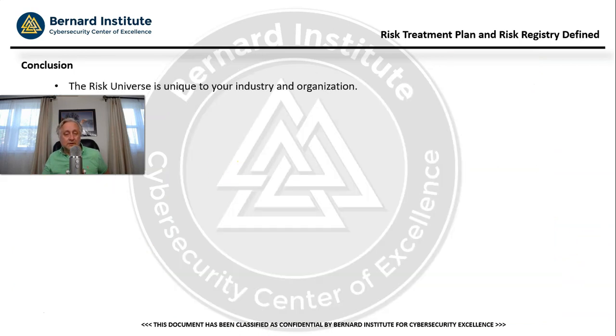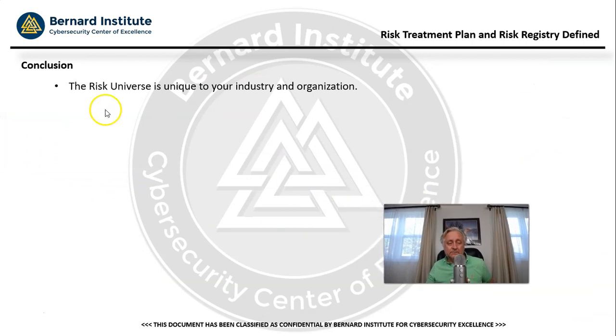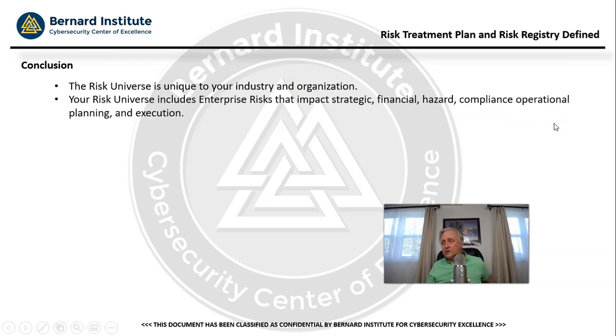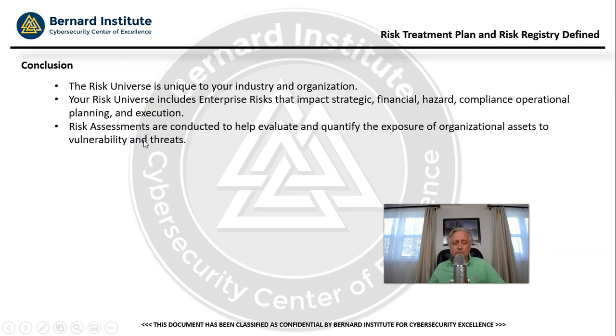All right, so conclusion. The risk universe is unique to your industry and your organization. I gave you a generic one that could apply to many different organizations, but I just want to give you an idea. Your risk universe includes enterprise risks, such as impact to strategic, financial, hazard, compliance, operational, planning and execution.